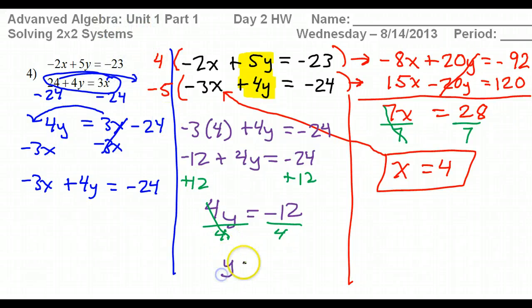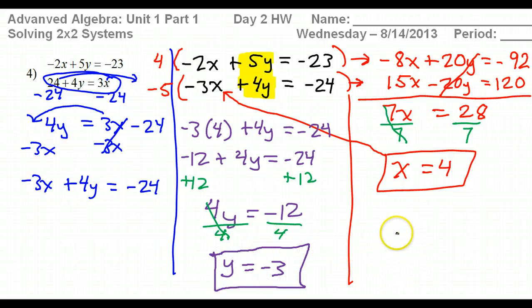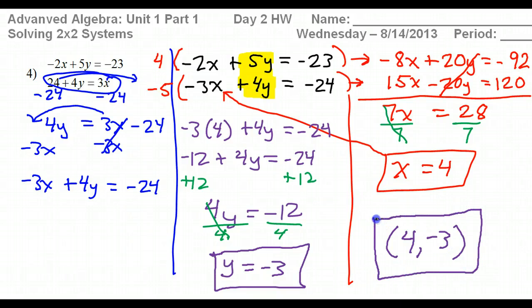And that's going to give me y equals negative 3. So, as an ordered pair, the answer would be 4, comma, negative 3. Okay, that's how you do number 4.